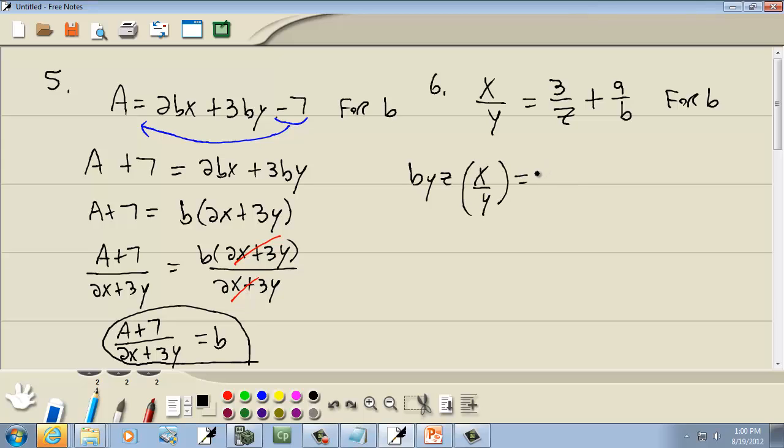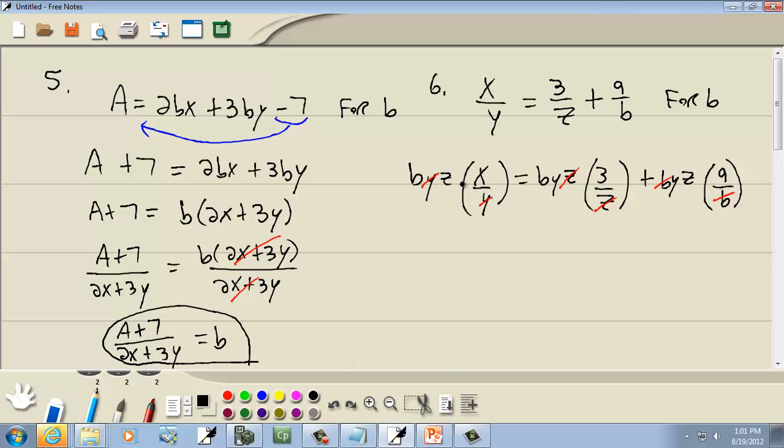Multiply times the x over y, times the 3 over z, and times the a over b. Well, the y's cancel here, z's cancel here, and the b cancels here.